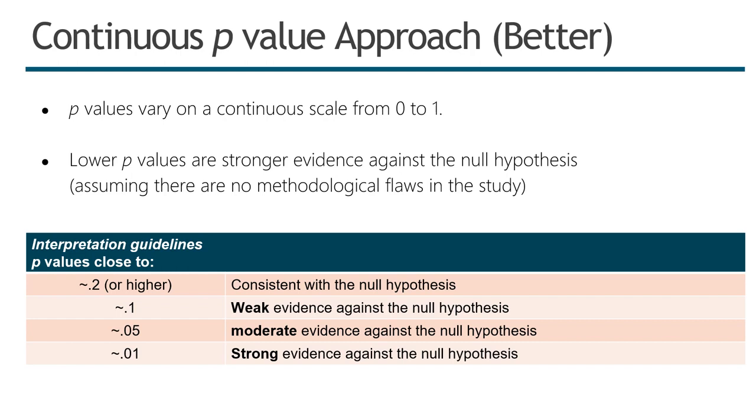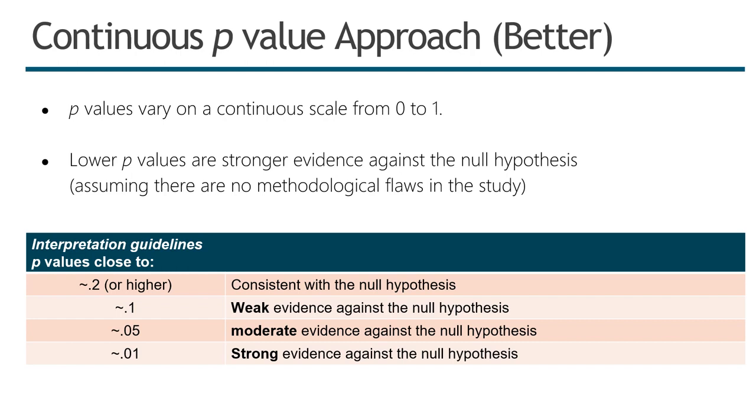Lower p-values are stronger evidence against the null hypothesis. So one way we can describe these p-values is by developing a language that reflects the change in strength as a p-value is getting smaller.